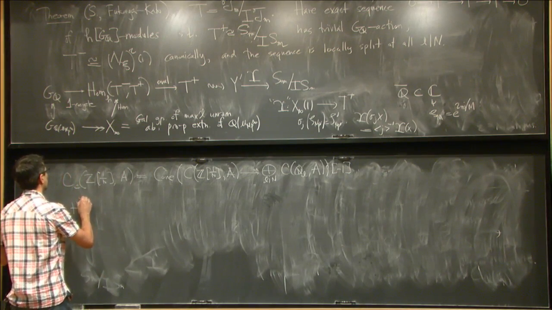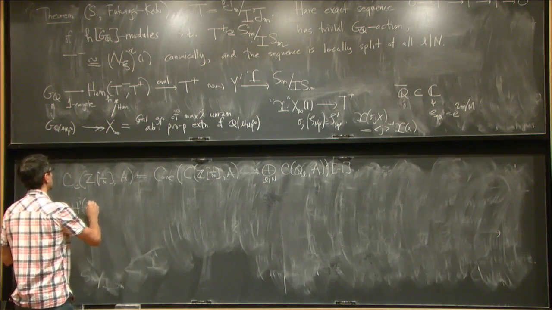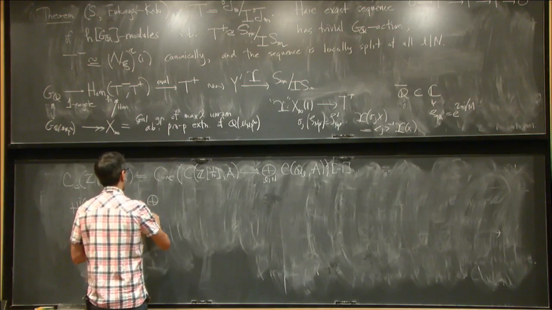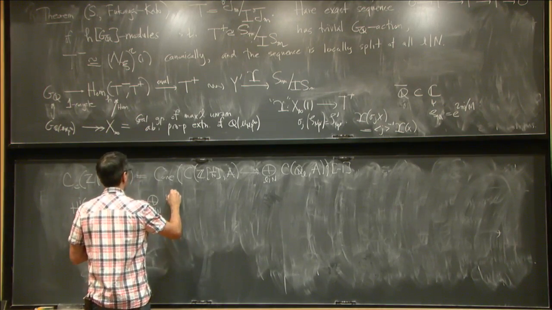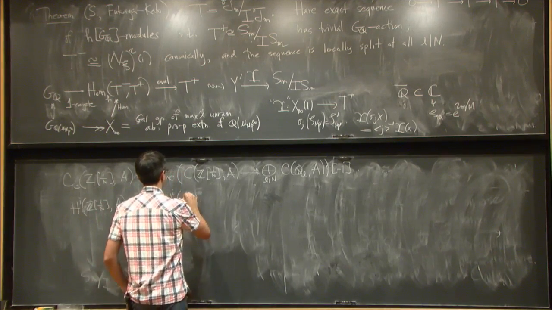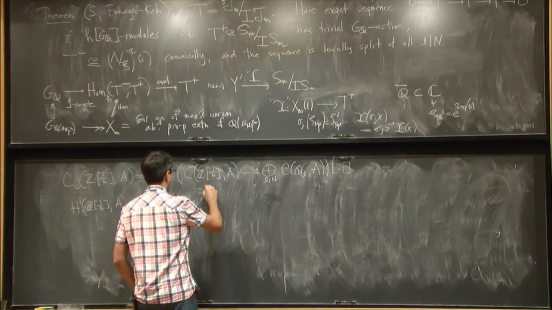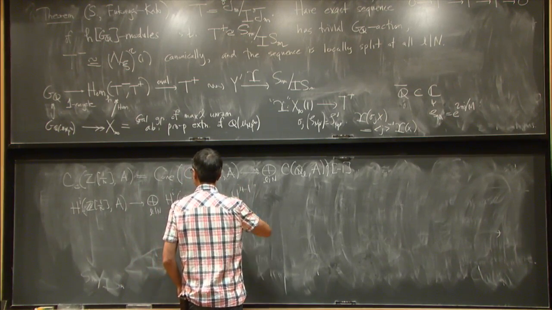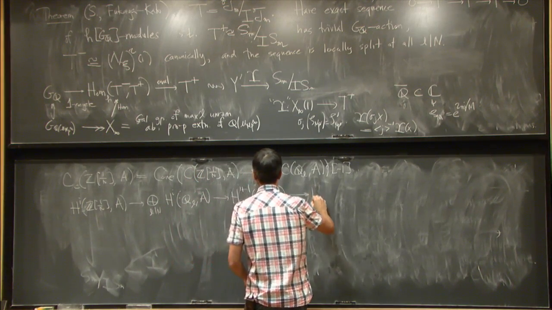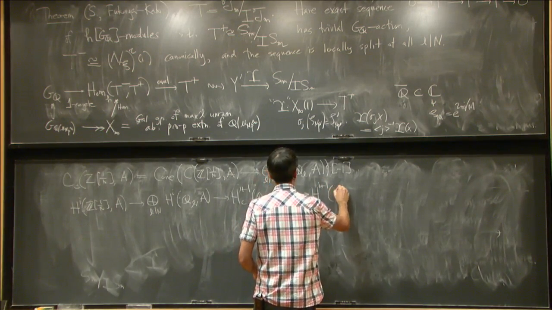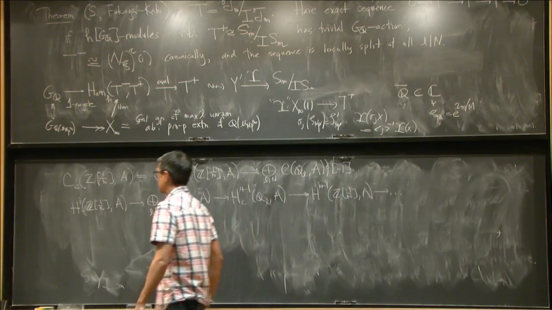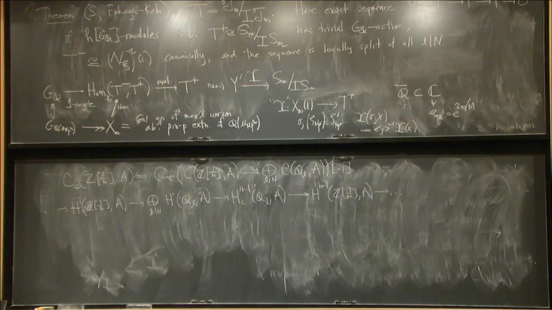So we have H^i of Z[1/n] with coefficients in A goes to the direct sum over l dividing n of H^i(Q_l, A), and then goes to compactly supported cohomology in one degree higher, H_c^{i+1}, and then continues. So we have a long exact sequence like this, and it stops at H3 compactly supported because the other things have cohomological dimension 2.